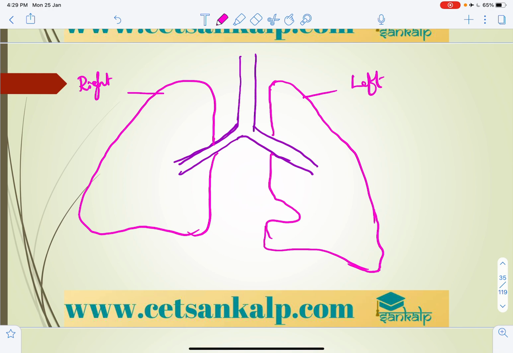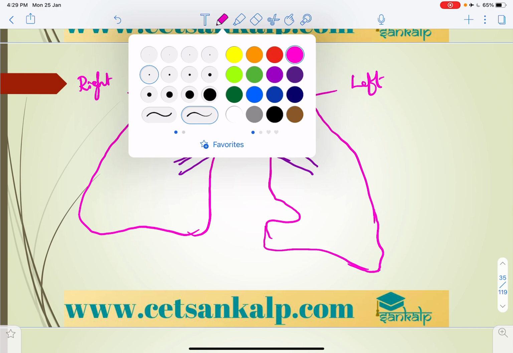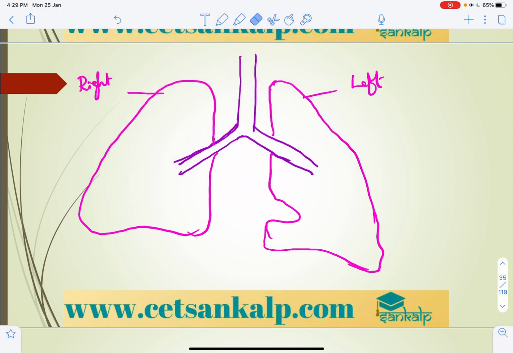Both the lungs are covered by the pleura. What is that pleura exactly?